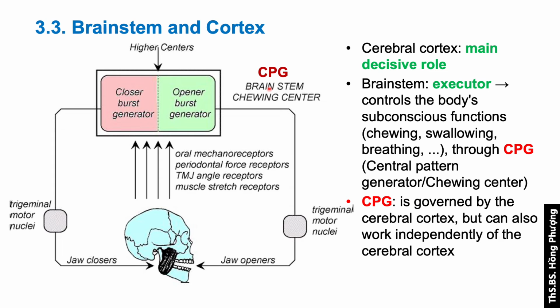The central pattern generator is governed by the cerebral cortex, but it can also work independently of the cerebral cortex.